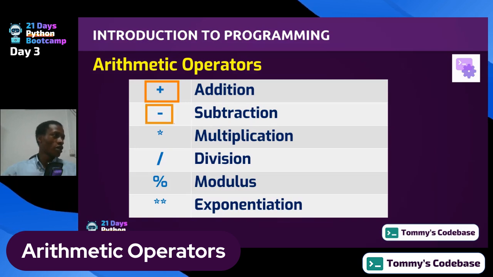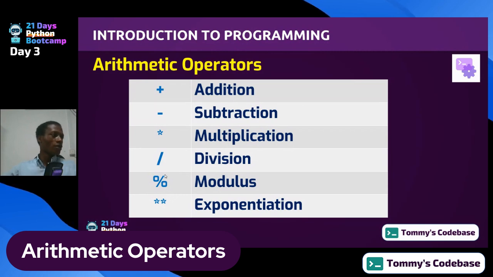There's also the subtraction for numerical operations, and we use the asterisk, sorry for the symbol, because of the font I used, that is why it is giving me this particular symbol for the asterisk. But the division, we use the backslash, and then the modulus, which is also a mathematical operation.